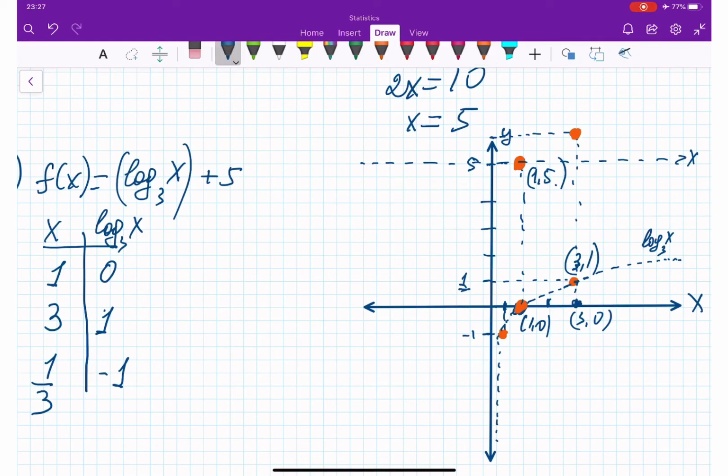We understand, right, what I'm doing. Because I'm moving these 3 points. This one, and now I'm going to move this point. What's the y-value at this point? It's negative 1. So now since I have to shift y by 5, negative 1 plus 5 is going to be positive 4, right? So it's going to go up and be right here, 4.